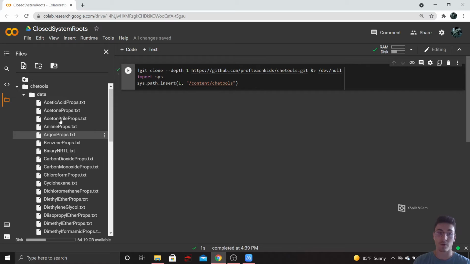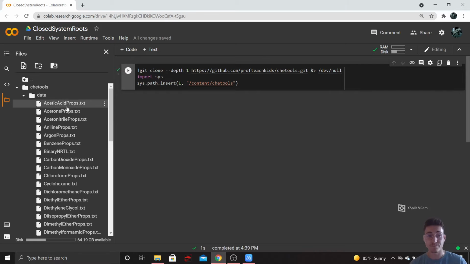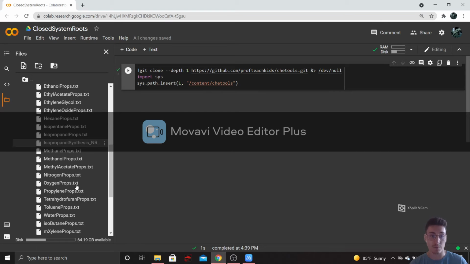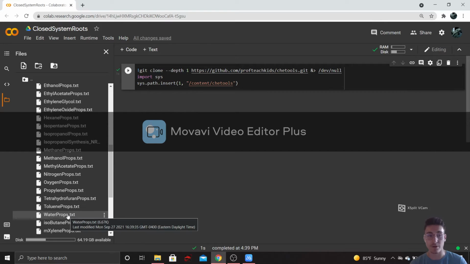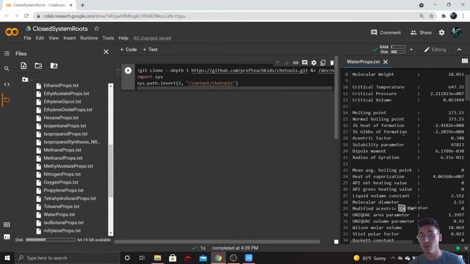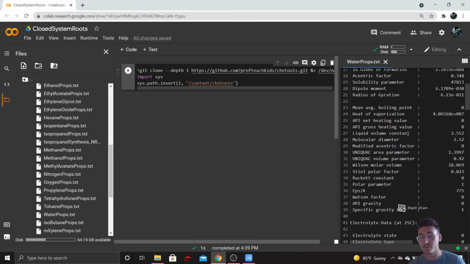In here we have a nice list of everything, chloroform properties and everything else, but we're going to be focusing on water down here. If we open that up, you can see we have pretty much everything that would ever be needed, all given values.